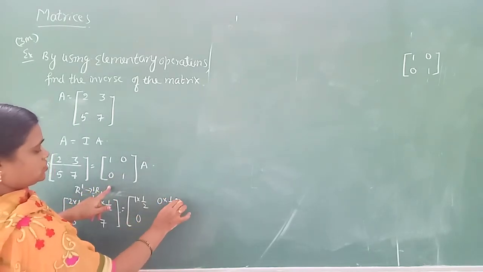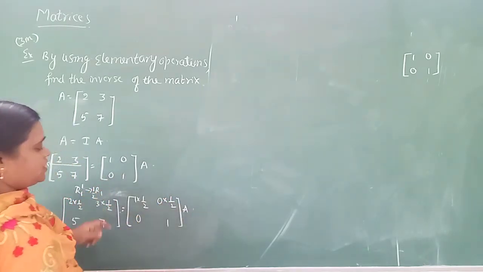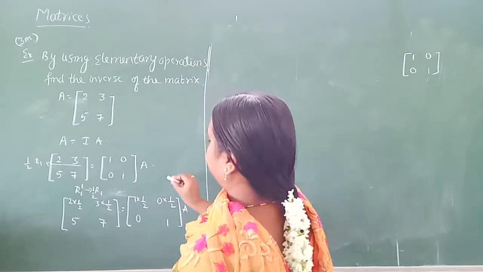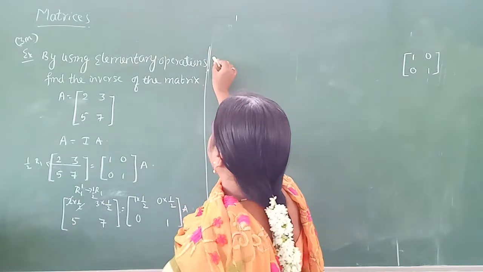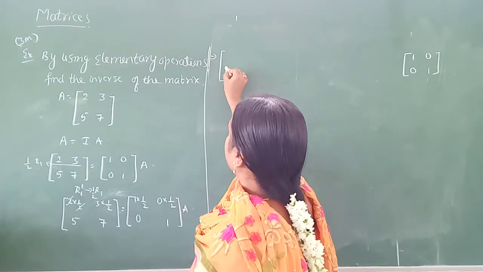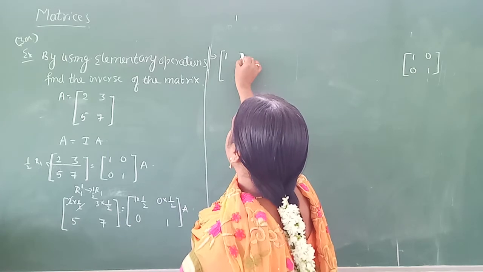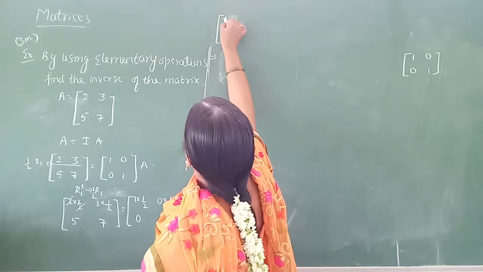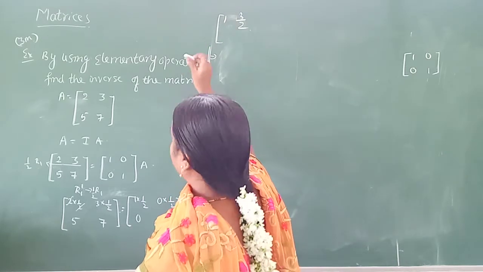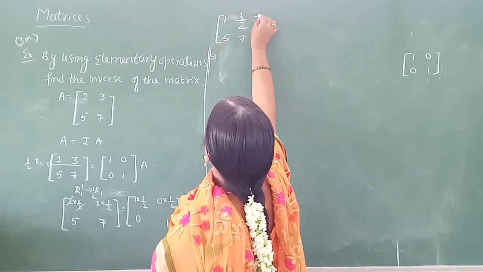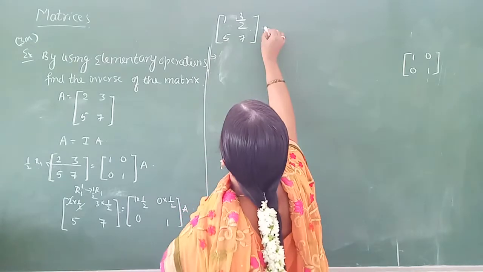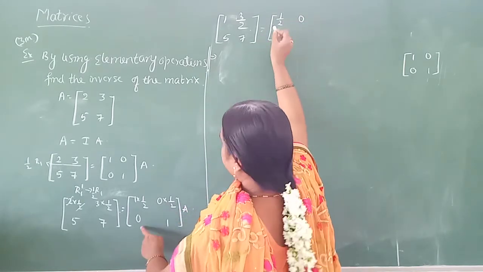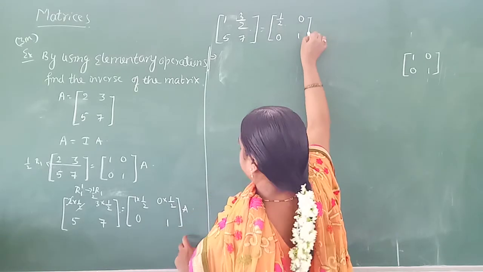The other row does not change. The 2 gets cancelled, leaving 1. So we get [1 3/2; 5 7] and on the right [1/2 0; 0 1].